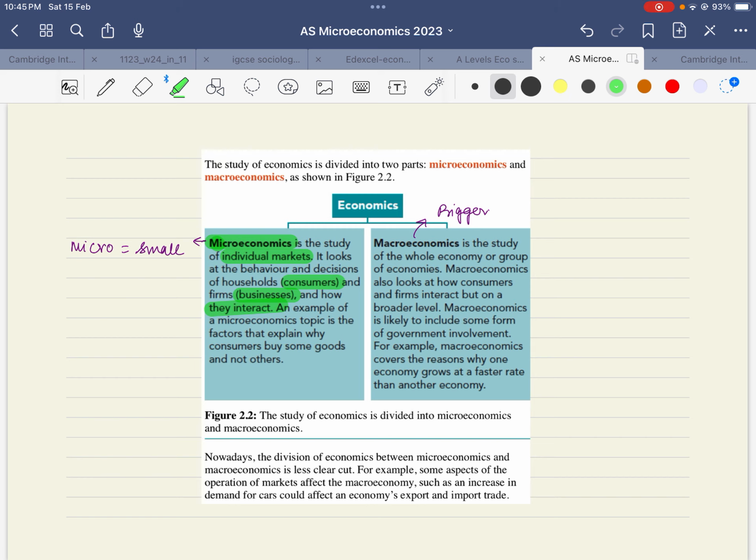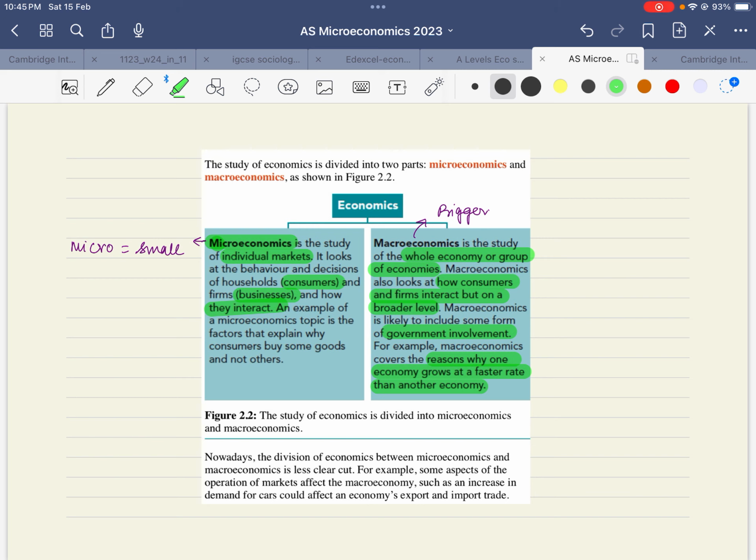Macroeconomics, on the other hand, studies the whole economy or group of economies, looks at how consumers and firms interact but on a broader level, right? It will include some government intervention as well. An example of macroeconomics is reasons why one economy grows at a faster rate as compared to the other economy.